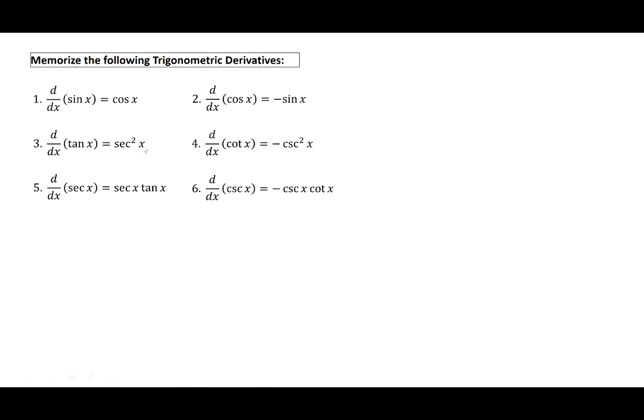Usually, the way I operate is, if you ask me what is the derivative of cotangent x, I'll say just hang on a second. What's the derivative of tangent x? Oh, that's secant square x. Based on that, I say, cotangent x therefore must have a negative, cosecant square x. Just as this is secant square x, that should be cosecant square x.